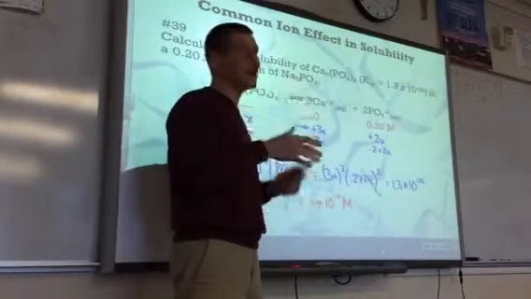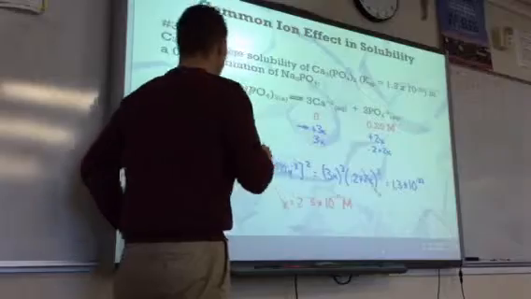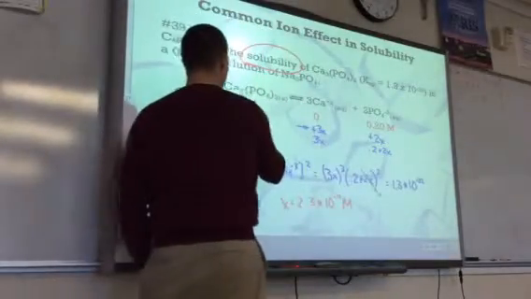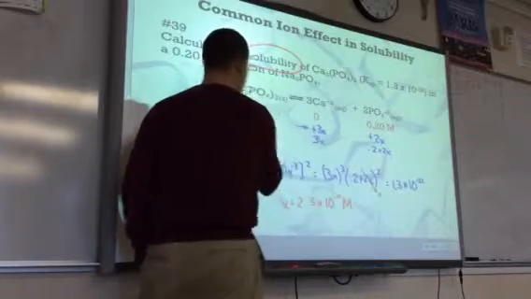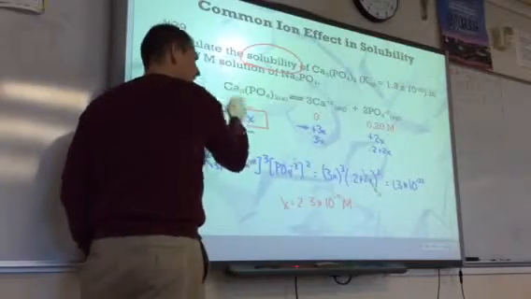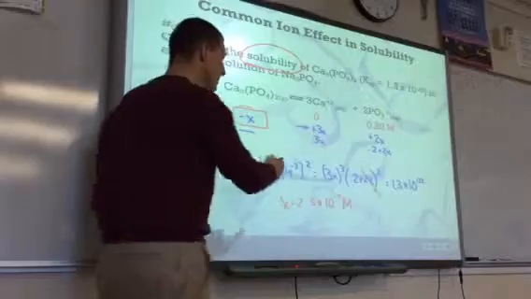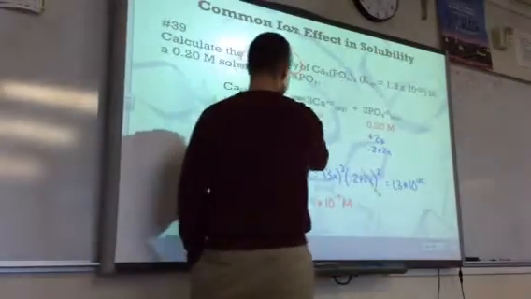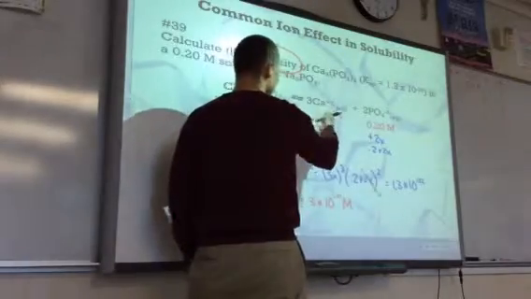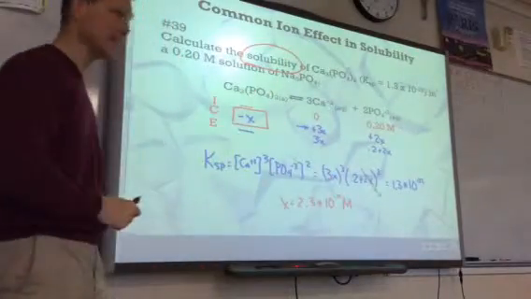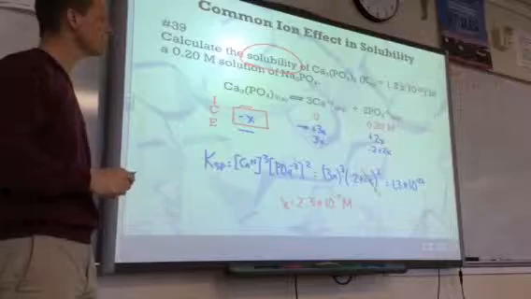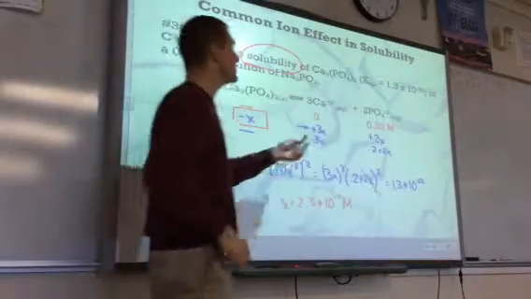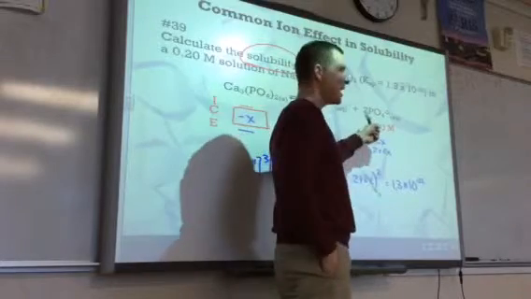Now, I want you to keep in mind, I should have mentioned this before. The question is, what is the solubility of calcium phosphate? Remember that the solubility is that term right there, the amount of solid that dissolves. And it is a molarity unit, because as this transfers to the right, that's the amount of calcium phosphate that is dissolved. So that's the solubility. Now, if this was just in pure water, it would have gone a lot farther to the right.